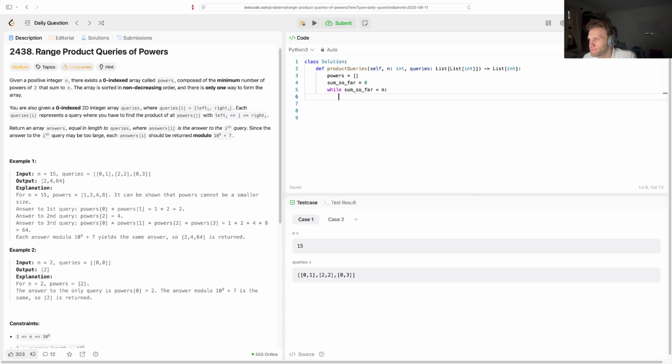We also need an index, which is going to keep track of powers. So we start at 2 to the 1. We're skipping 1, it looks like. So 2 to the index, and then x plus equals 1. This will be sum so far.